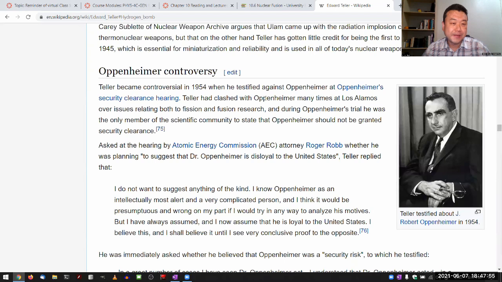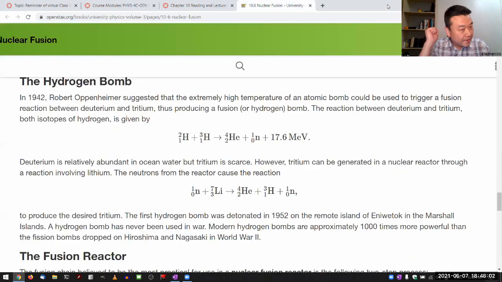It's just good to keep in mind that scientists are not perfect. But the hydrogen bomb, that's the only practical use of the fusion reaction that humankind has been able to control, and that's, I think, where we'll leave things off.